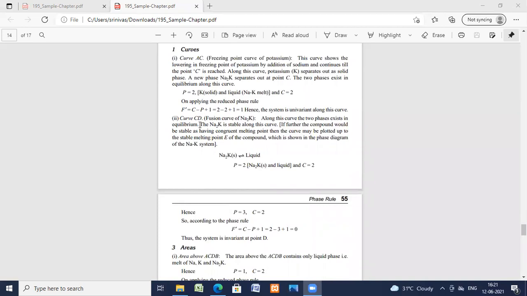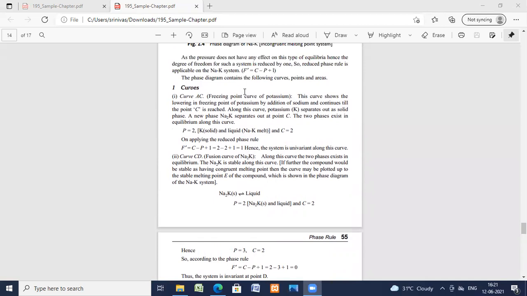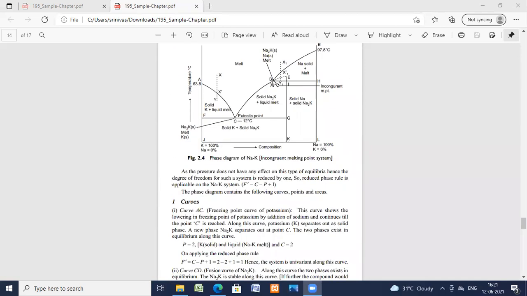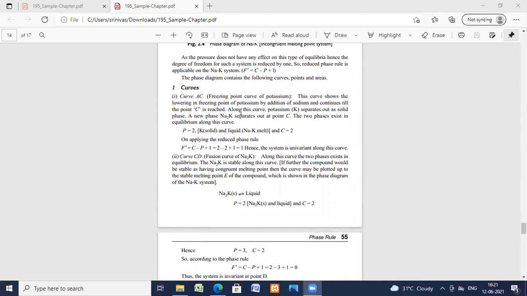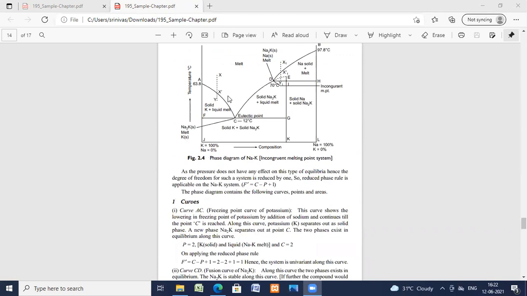First the CD curve, the fusion curve of Na2K. This is the freezing curve, the AC curve.